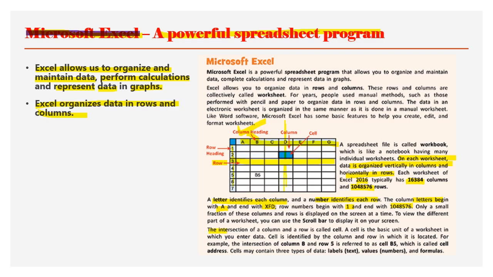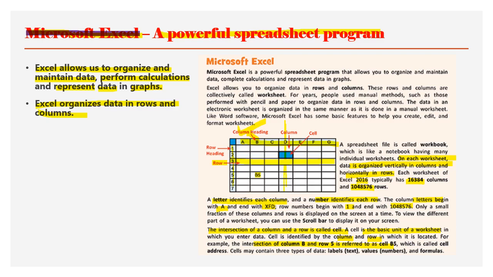The intersection of a column and a row is called a cell, and the cell is the smallest unit of the worksheet in which we enter the data. A cell is always identified by the column letter and the row number. For example, the intersection of column B and row 5 is referred to as cell B5. If I ask what is the cell address of this cell?